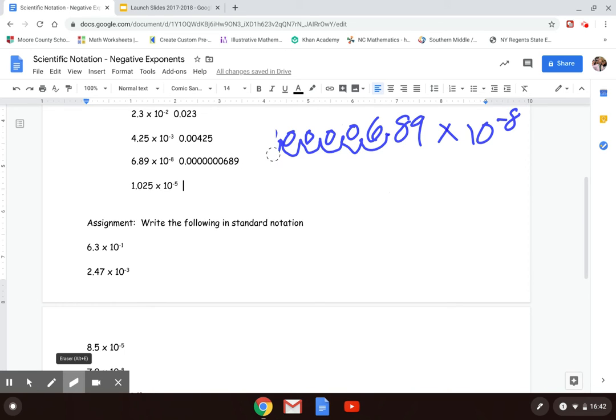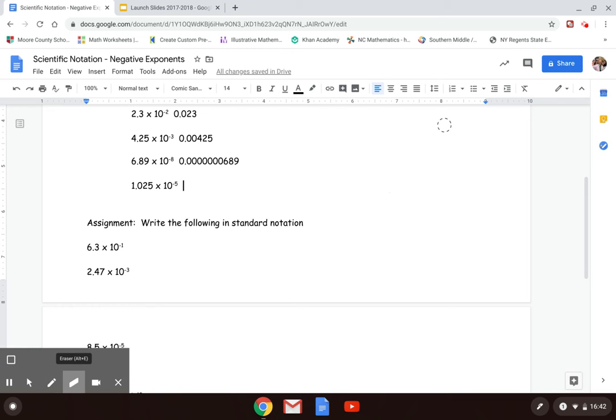Now for the last one, let me erase all of this out of the way. I've got 1.025 times 10 to the negative 5th.